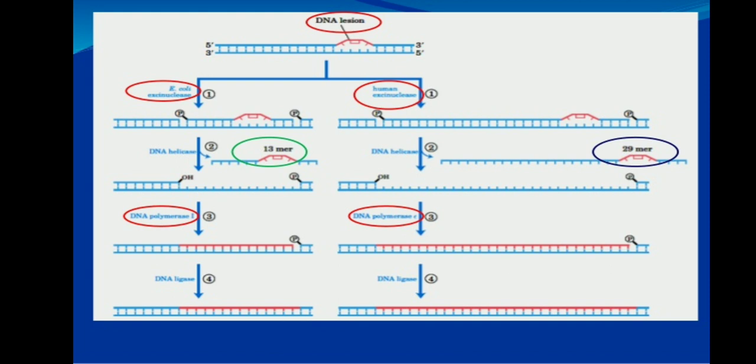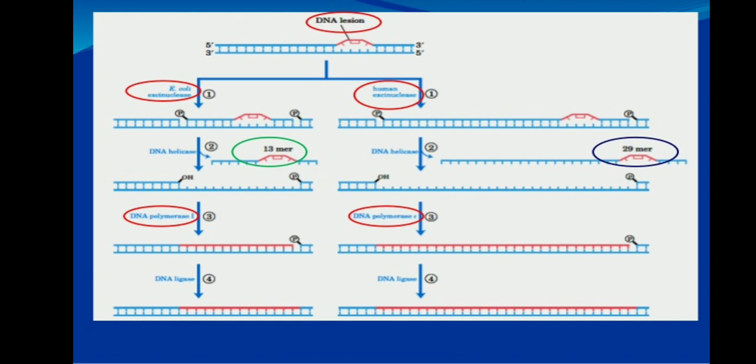So it removes the bulky DNA. The exonuclease enzyme found in E. coli identifies the 13 mer sequences and removes them, and then DNA polymerase 1 will come and synthesize the correct DNA sequences.